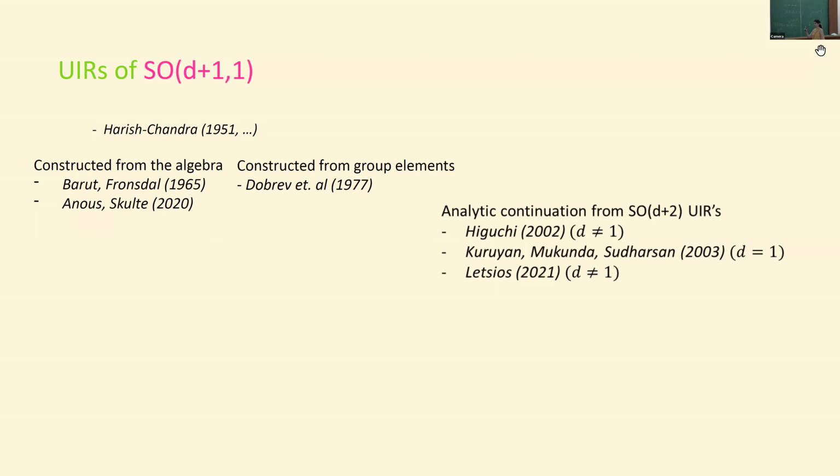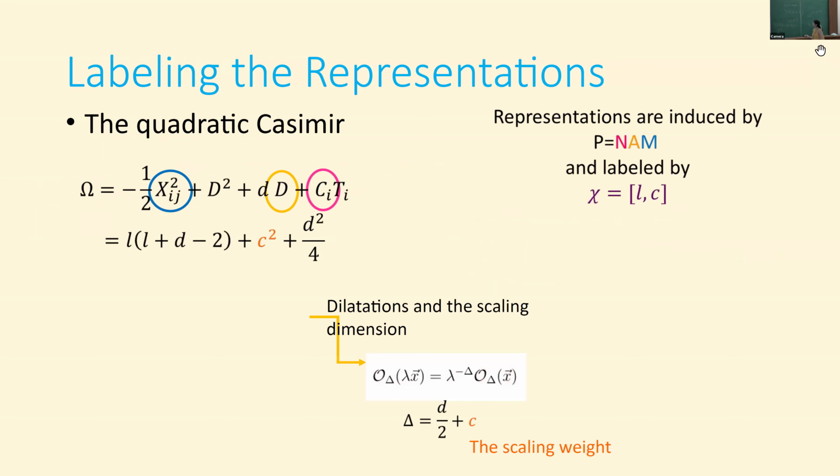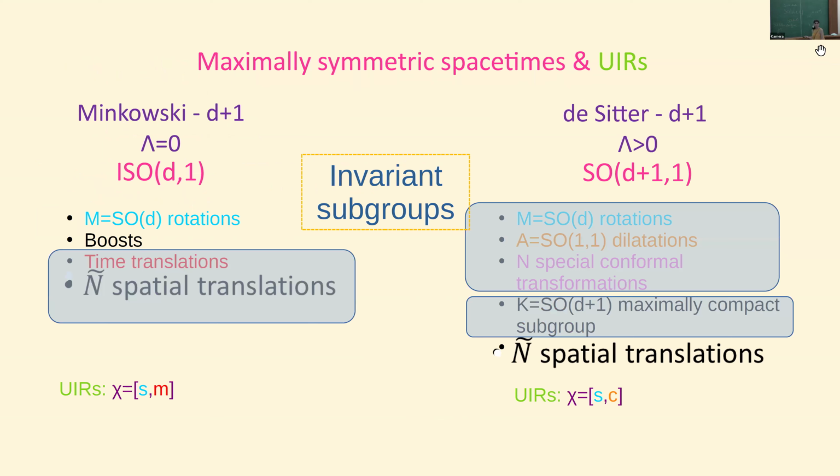But you can really identify some operators and work out how they transform under dilatations and really read off these deltas and hence C's. Does that help? Yeah. That's good.